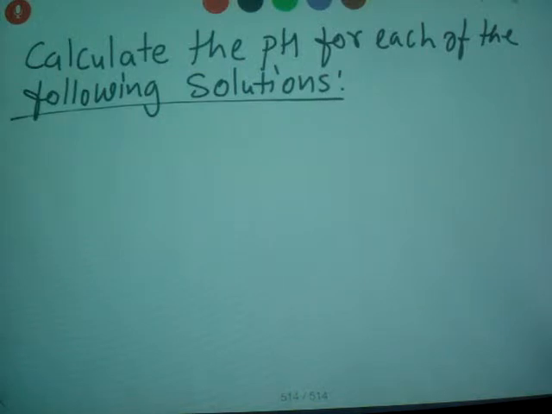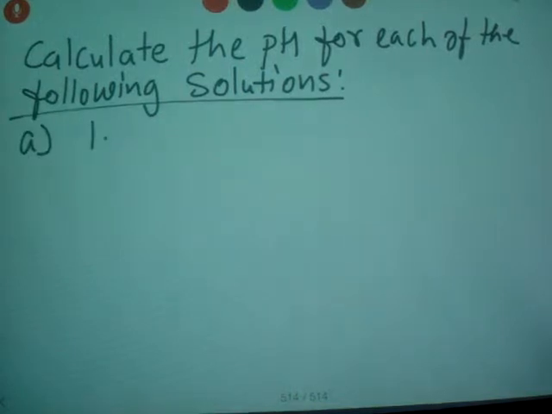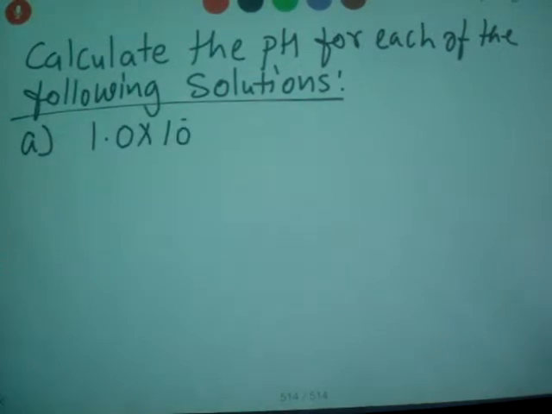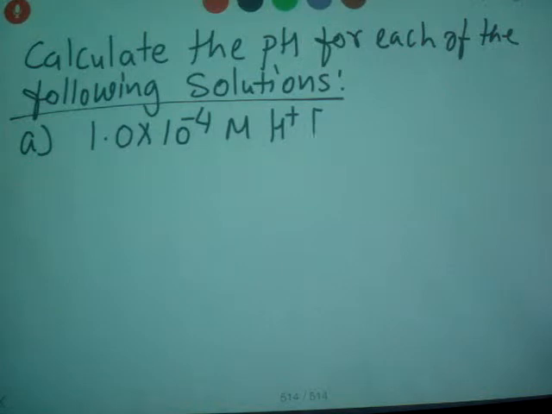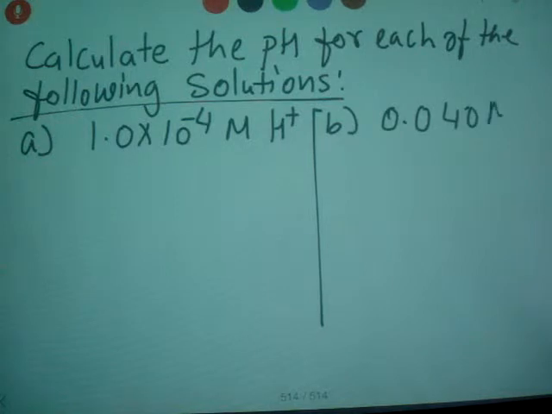We have 1 times 10 raised to minus 4 molar H plus ion, and 0.040 molar OH minus ion, and we need to calculate pH.